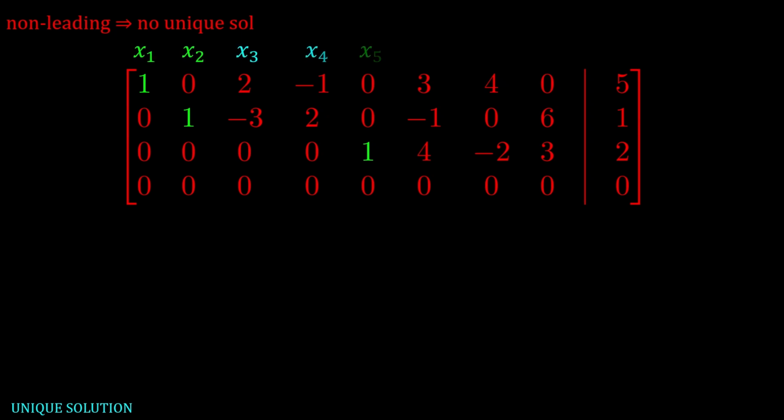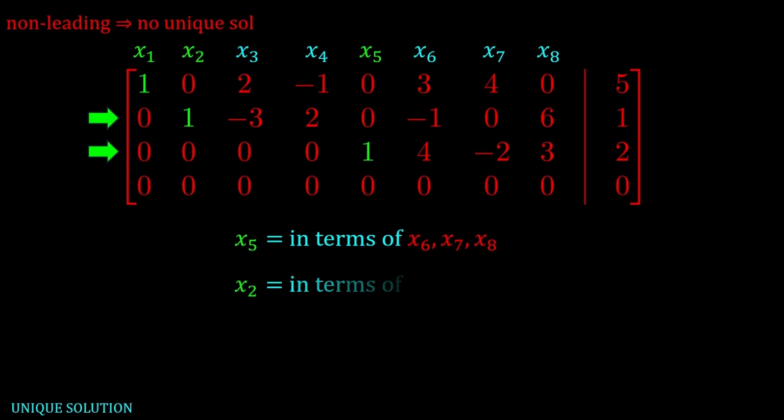So we have a matrix like this, and just note the non-leading columns are the columns of x3, x4, x6, x7, and x8. So if we look at the rows of the pivot variables, this last pivot row helps us write x5 uniquely in terms of x6, x7, and x8, which are all non-leading. Then the row above helps us write x2 in terms of x3, x4, x5, x6, x7, and x8.